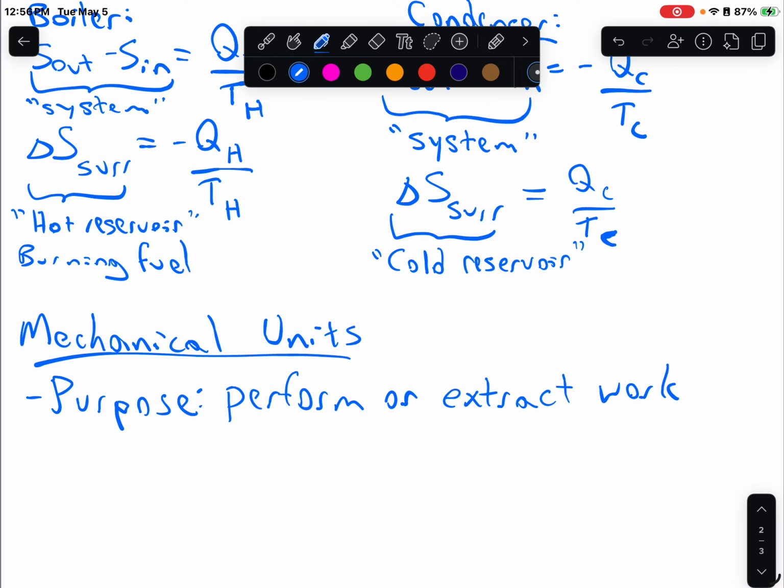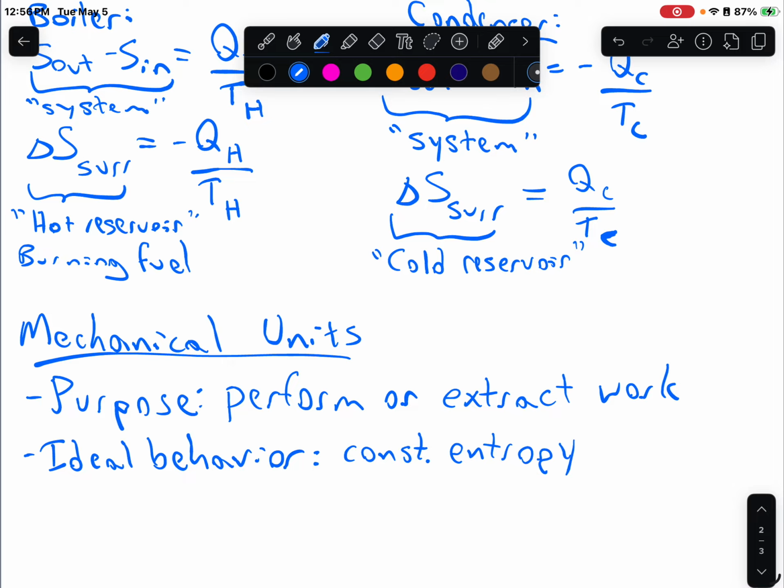In the case of the turbine, you are allowing the system to do work that you might use to charge a battery or something. Ideal behavior is that this too would be at constant entropy. Adiabatic reversible process.